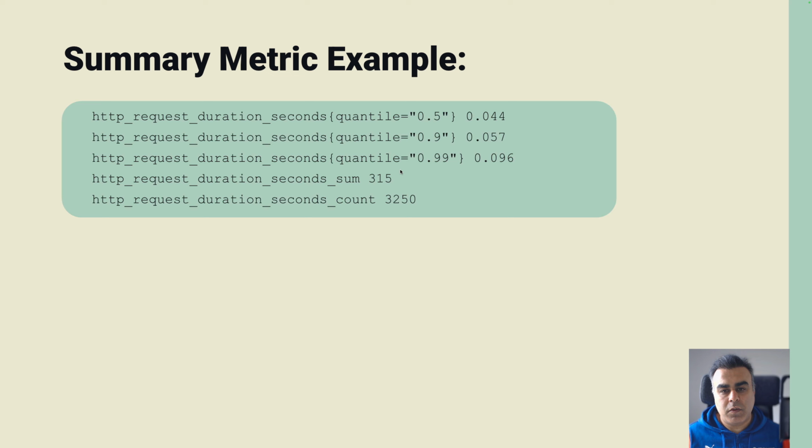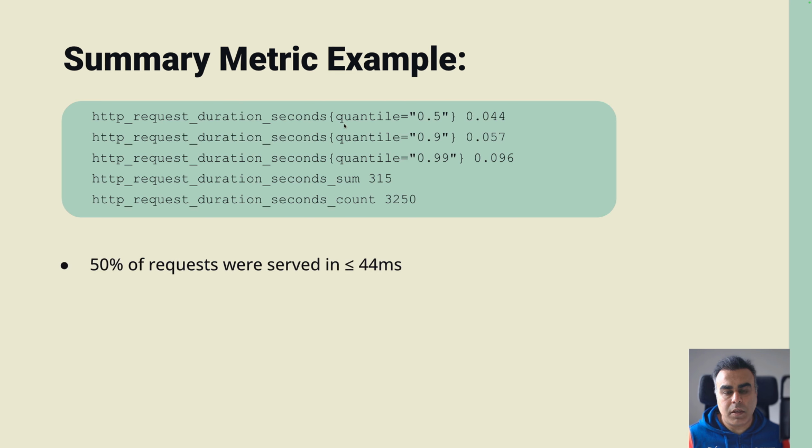So we only need this part, which is count, the other part is sum, and the other part has a quantile. And we have more quantile metrics here. So 3 is required, and more can be added to the metrics.